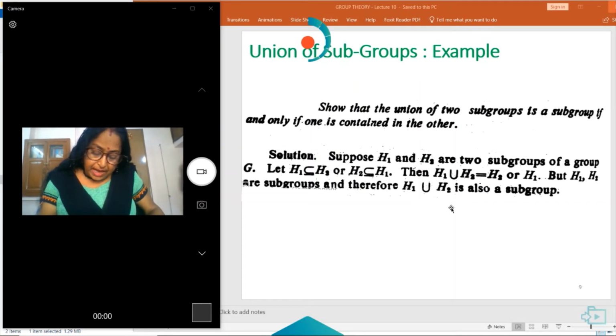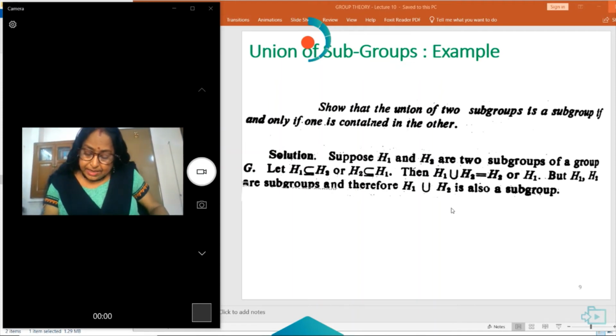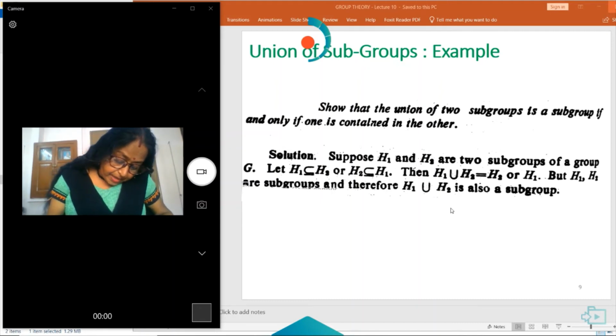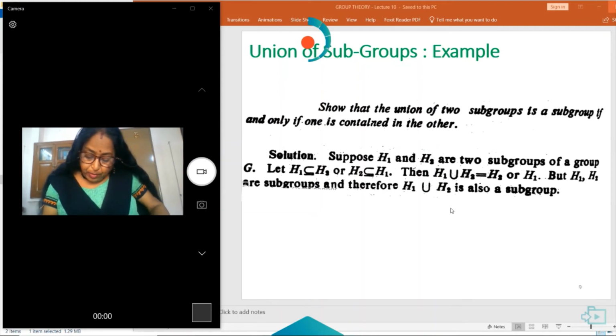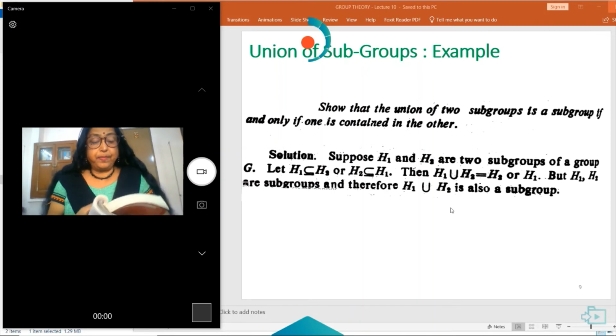Suppose H1 and H2 are two subgroups of a group G. Let H1 be contained in H2 or H2 be contained in H1. Then H1 union H2 is equal to H1 or H2, but H1 and H2 are subgroups. Therefore, H1 union H2 is also a subgroup.